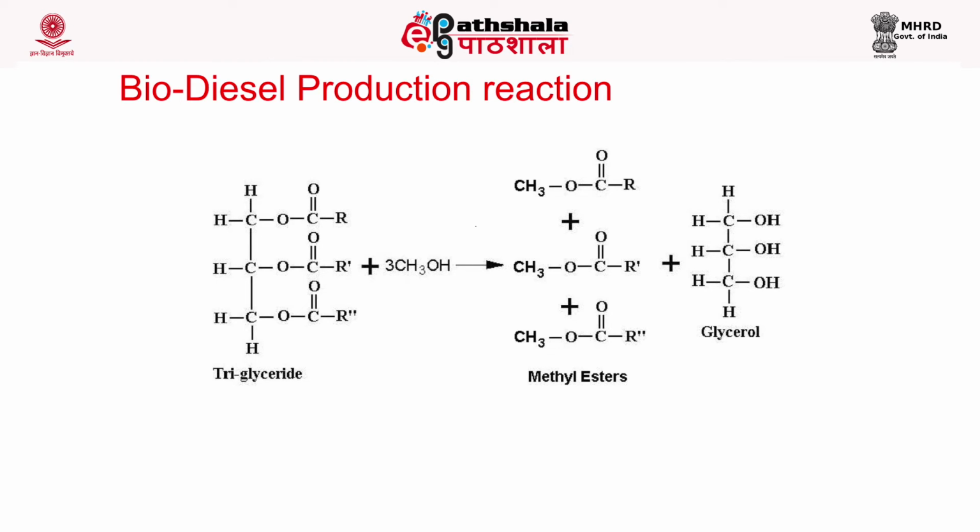And the process takes place in the presence of some catalyst, normally the alkaline catalyst, and it is converted into biodiesel and glycerol. These are the final products in the process.